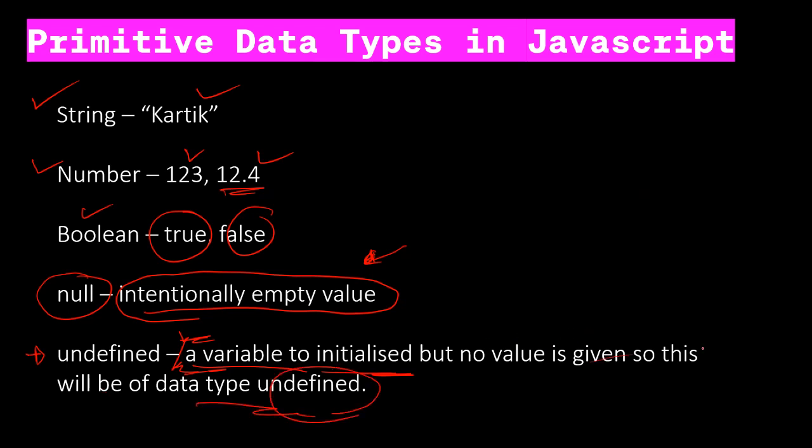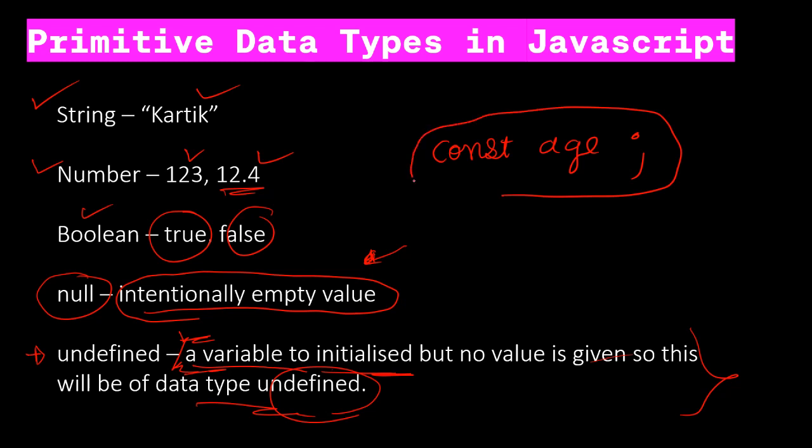So what this sentence is saying is that if you declare a variable like this using const, something like age, but you did not provide it with any value, no value has been provided to this variable age, then this variable age will be of data type undefined. Okay, so that's what the sentence is all about. No worries, we will discuss how we can do it and why we have to do it and all of this.